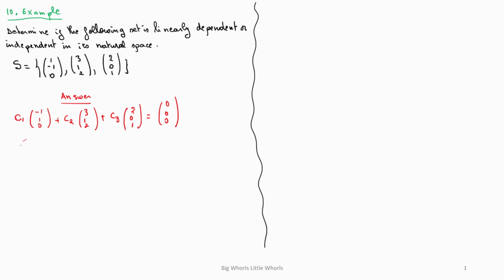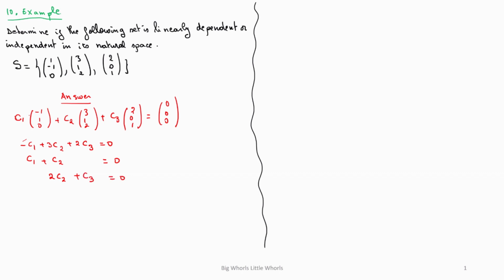So we have -C1 + 3C2 + 2C3 = 0, and C1 + C2 = 0, and 2C2 + C3 = 0.